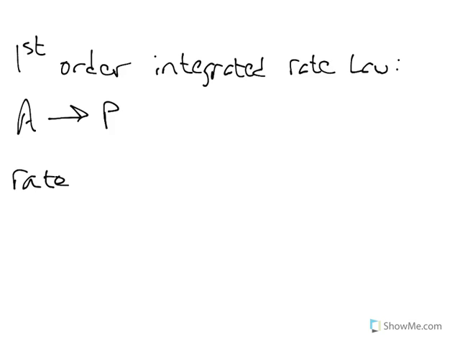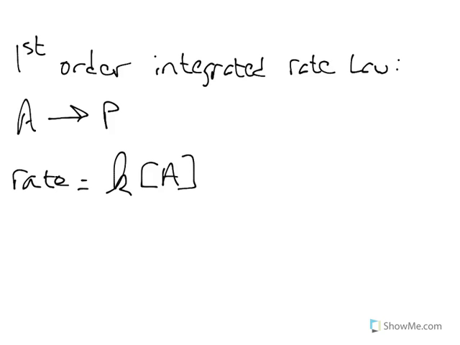Now, I'm claiming it's first order, so of course I know it's going to be first order. So the rate law for this reaction is going to be k times the concentration of A.